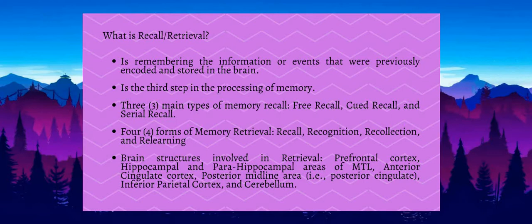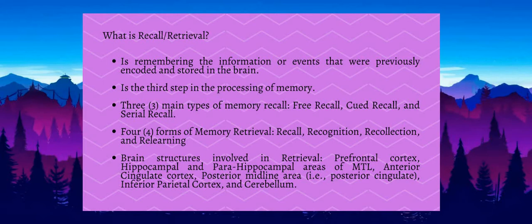So, brain structures. So, studies have shown that these 6 areas of the brain are predominantly involved in recall and recognition. So, we have the prefrontal cortex that is related to the retrieval attempt. The hippocampal and parahippocampal areas of the media temporal lobe are related to the conscious recollection of information.